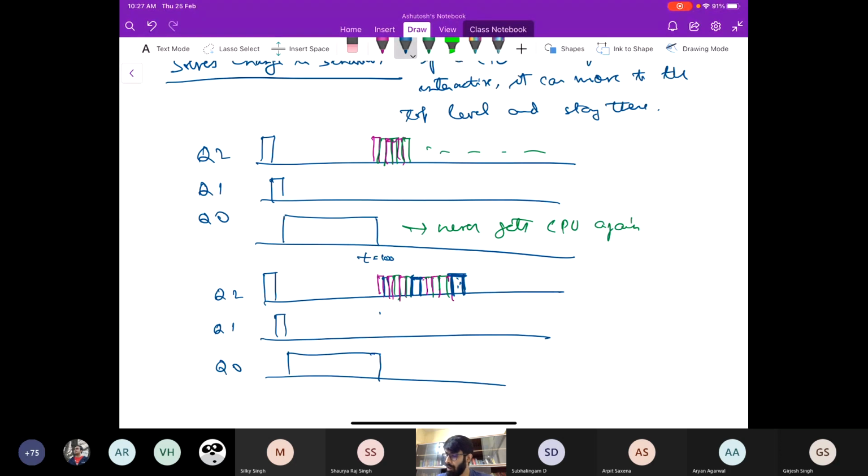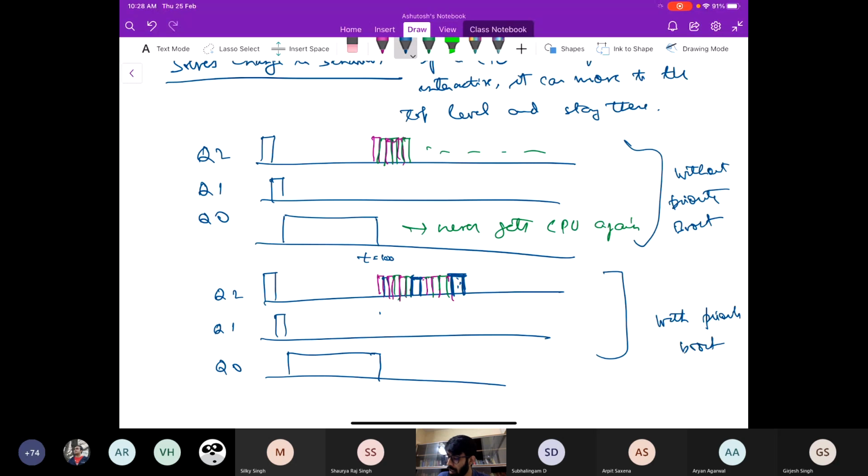So this is without priority boost. And this is with priority boost. Here I'm not showing that after using its time slice, it would be demoted to this level, because it does not get any CPU time there.